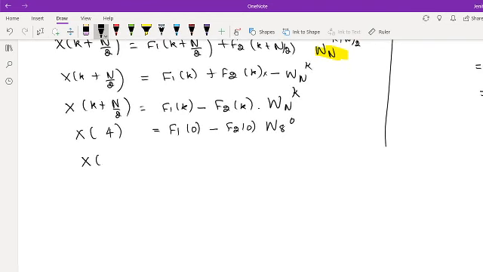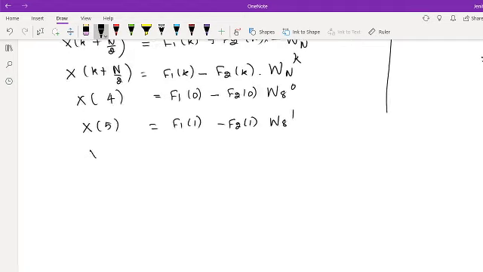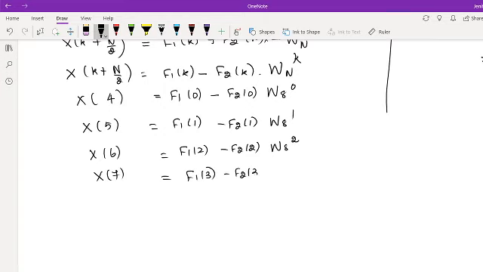And x of 5 is equal to f1 of 1 minus f2 of 1 into w8 power 1. X of 6 is equal to f1 of 2 minus f2 of 2 into w8 power 2. And x of 7 is equal to f1 of 3 minus f2 of 3 into w8 power 3.